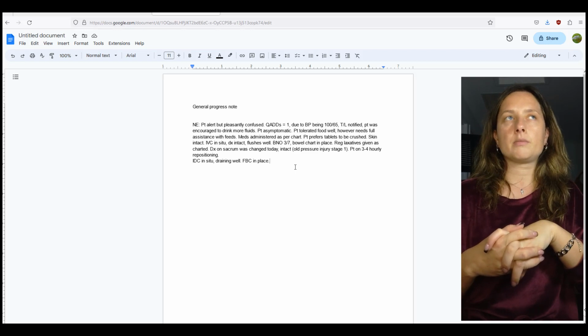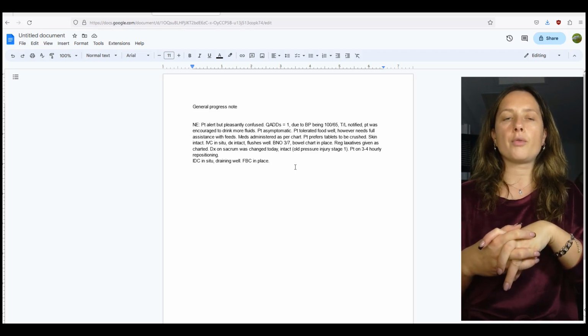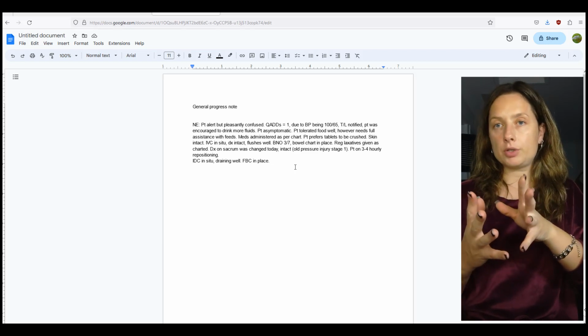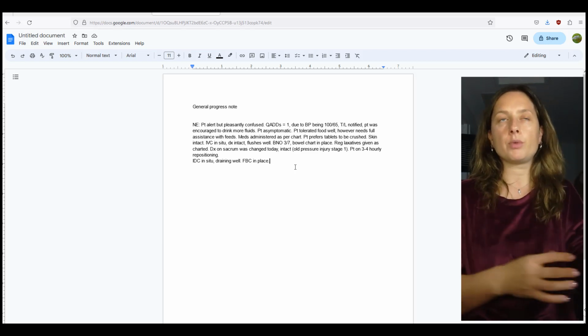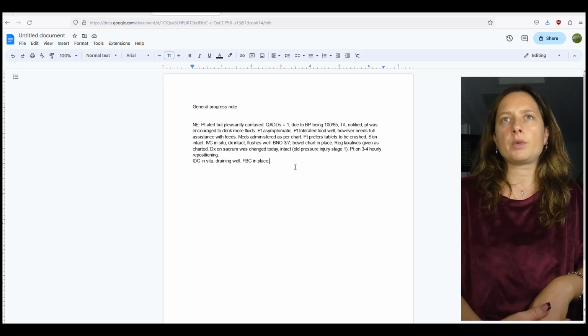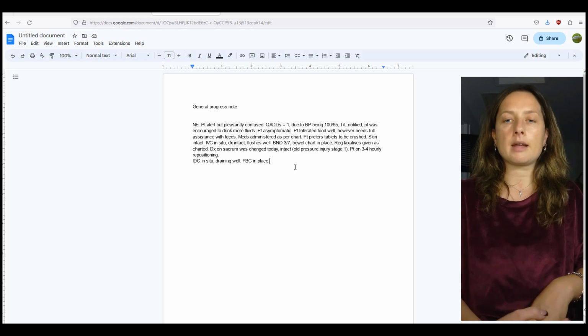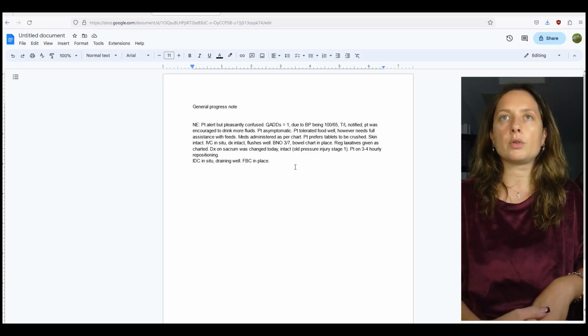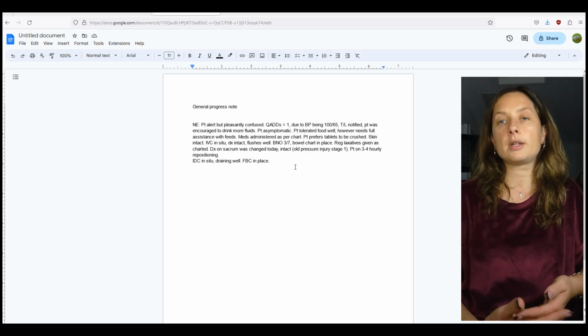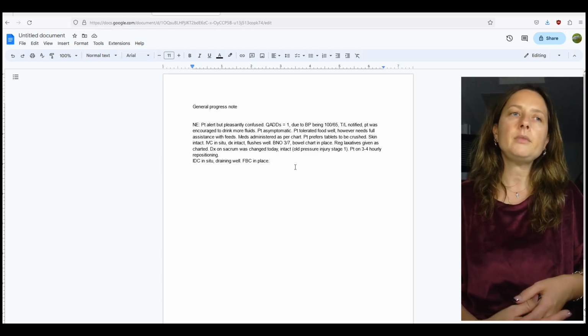Patient, let's say, complained of right hip pain, awaiting imaging. Okay, because most of the time patients will be sent for imaging, especially if it's an unwitnessed fall. They will scan their head as well, making sure that they don't have any internal bleeding. Okay, so you can mention that, and you can also mention that patient is now on neuro-obs.